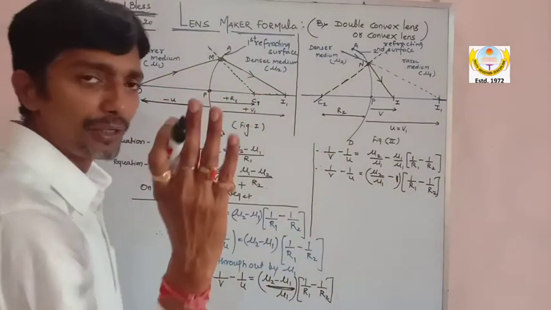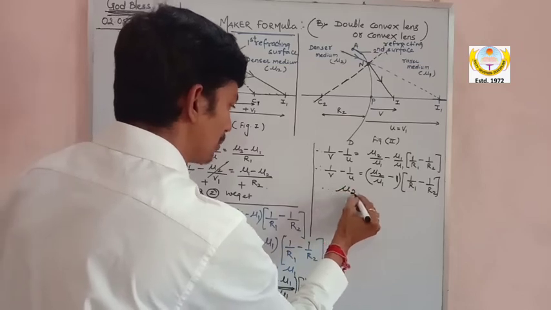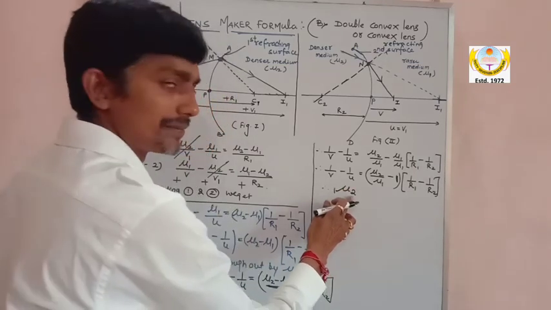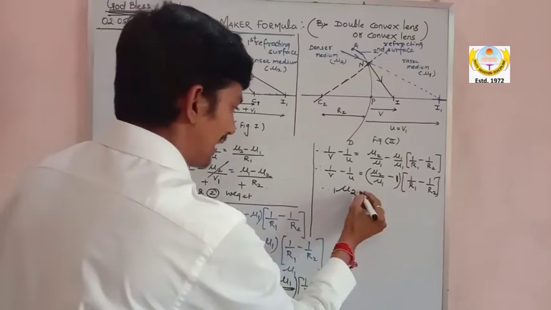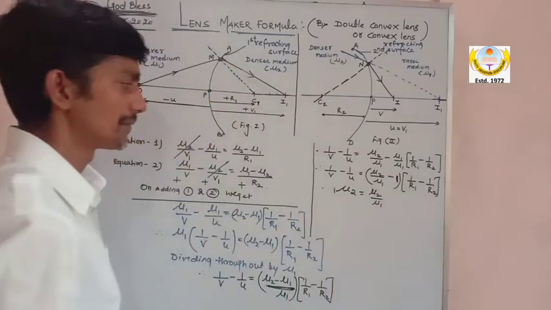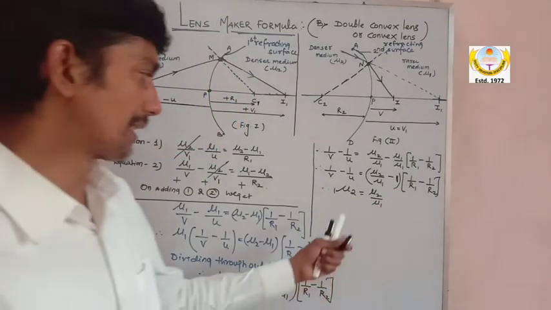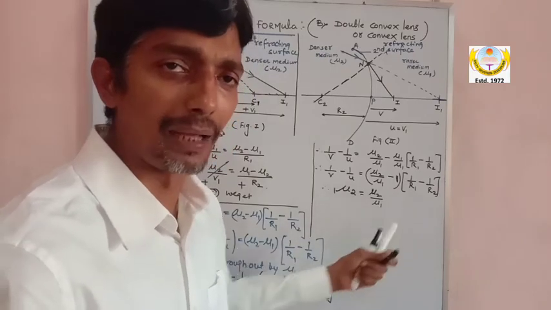Now, my dear, if you remember, I told you that mu of 2 with respect to 1 can be written as mu2 by mu1. I hope it is clear. Mu of 2 with respect to 1 can be written as mu2 by mu1.